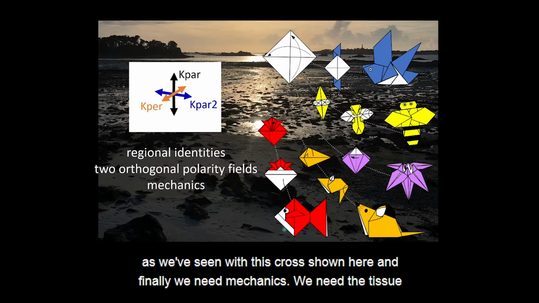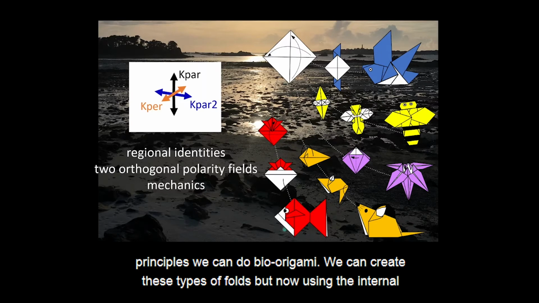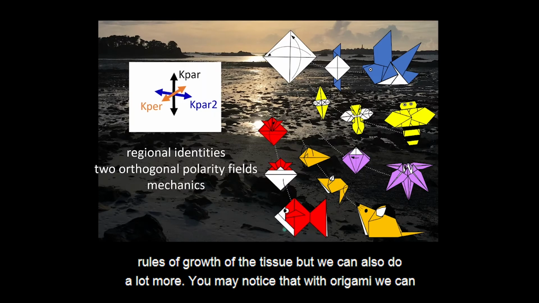And finally, we need mechanics. We need the tissue to be mechanically connected together so that it deforms as a coherent whole. And with these principles, we can do bio-origami. We can create these types of folds, but now using the internal rules of growth of the tissue.